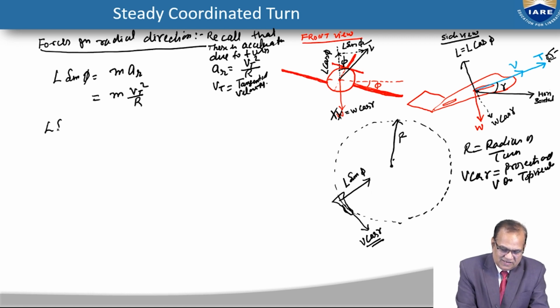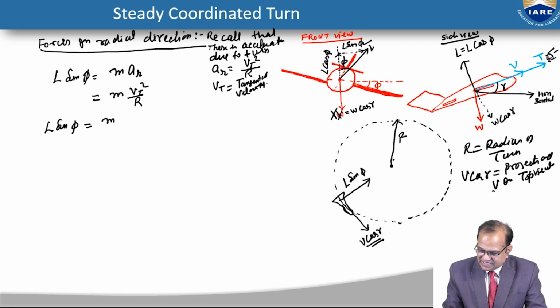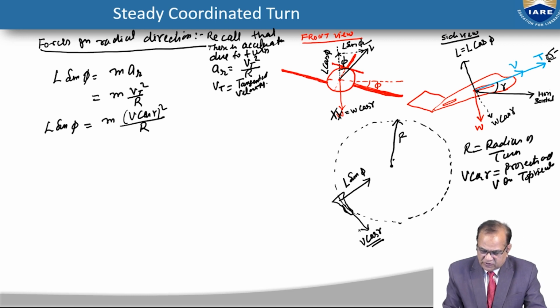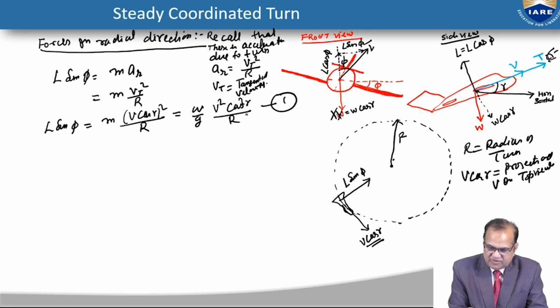Vt tangential is V cos gamma. So here we can write V cos gamma square divided by r. So this is the velocity which is mentioned here. So now we can write m is equal to w by g, V square cos square gamma by r. This is equation number 1.